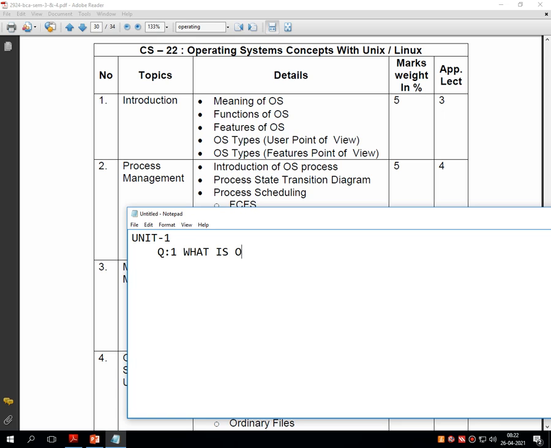What is operating system? Explain various functions of operating system. Question number 2. Write down the functions of operating system.